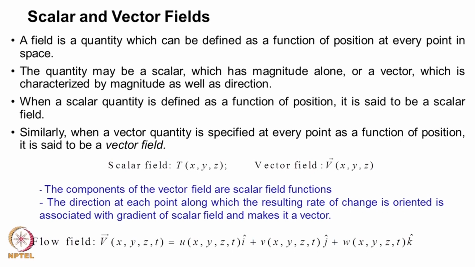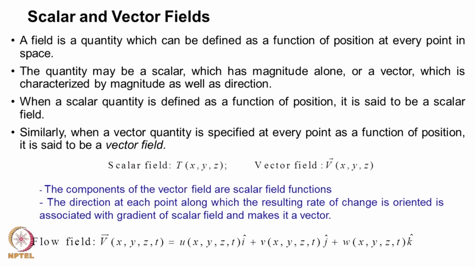Just like the velocity vector v, if you take a component in x, y, z, then we get the corresponding component of velocity in that direction. Though it is defined as a scalar field, it keeps on changing. So, even if you take only the velocity component, as it keeps on changing in the x direction, for example, then the direction along which the change happens results in a vector.